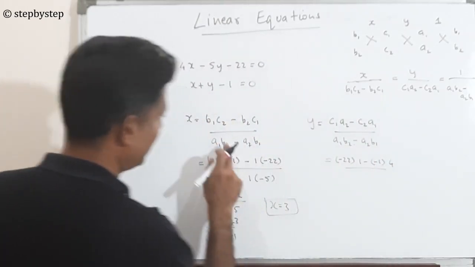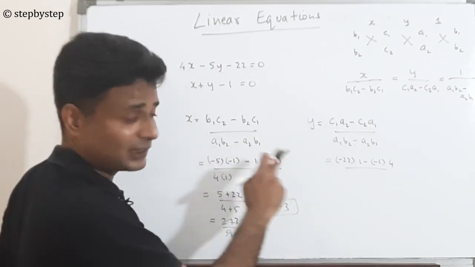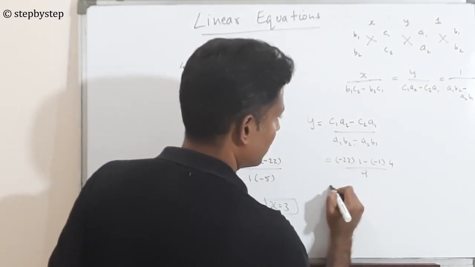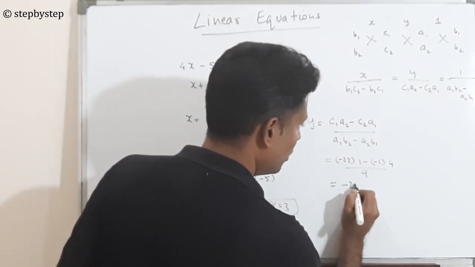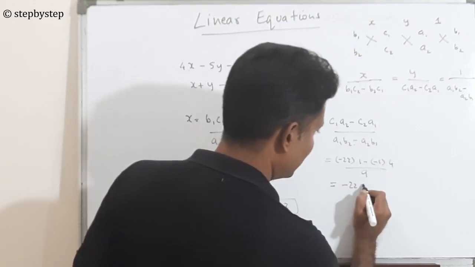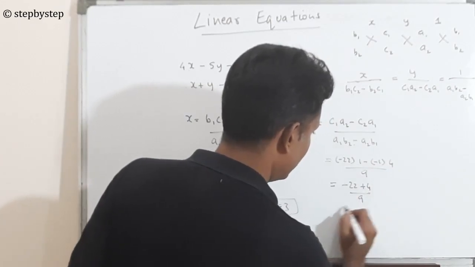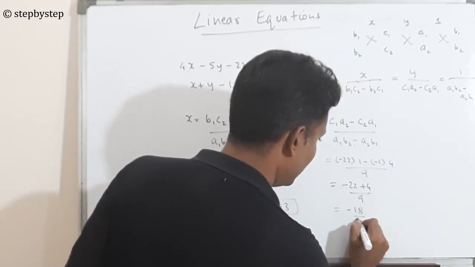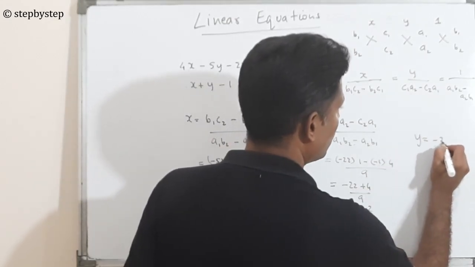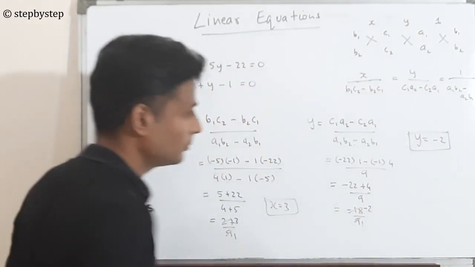And the denominator is same. Denominator for both, when you are finding x and y, will be same. So I'll directly write it as 9. Now minus 22 minus 1 into 4, minus 4, minus 4 into minus plus 4 by 9. So I get minus 18 by 9. So 9 twos are 18, minus 2. So y equal to minus 2.